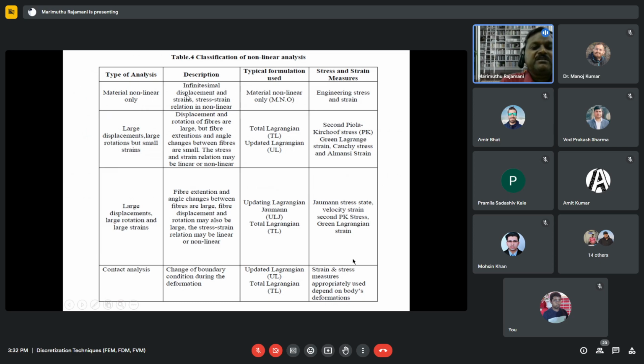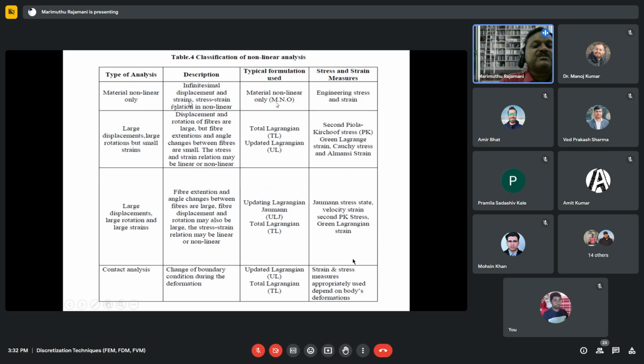Material nonlinear: displacements and strains are infinitesimal, but the stress-strain relation is nonlinear. Displacement is infinitesimal. This is called material nonlinear only.